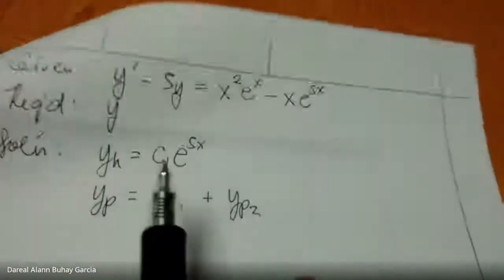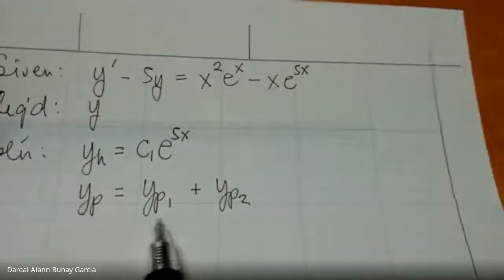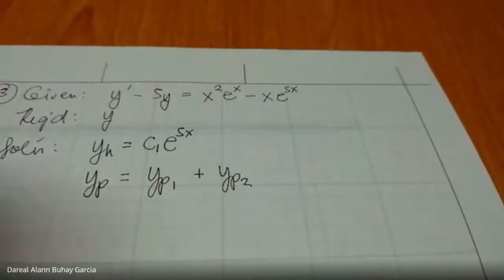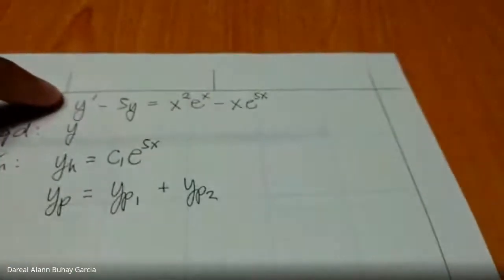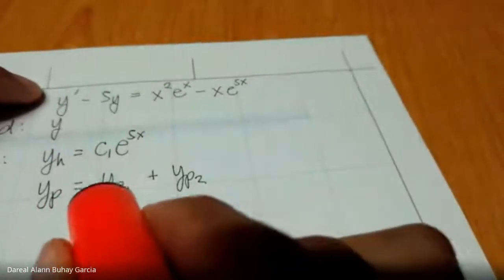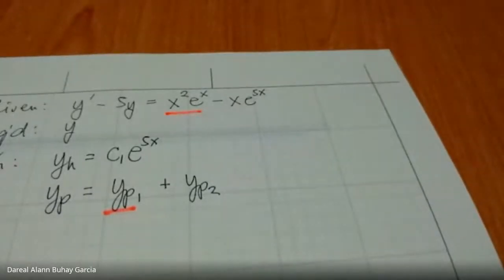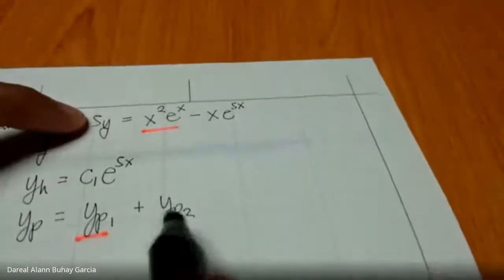This should be YP1 and YP2. YP1 is the assumed solution of this one, and consequently, YP2 is the assumed solution of the other one.